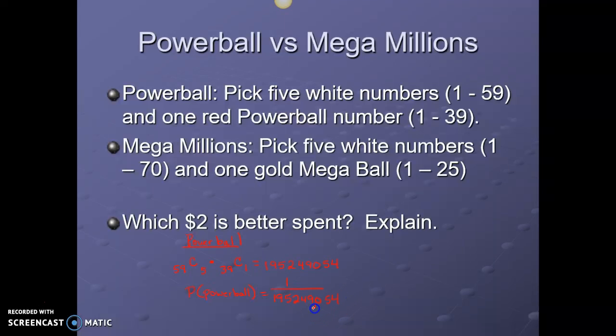Let's put in some commas here. 1 in 195 million possible chances there. And so for Mega Millions, we would do it in a similar way, and you can figure out what that probability is, and then decide: is it better to do the Powerball, or is it better to do the Mega Millions? Spend your $2, which one has the better probability?